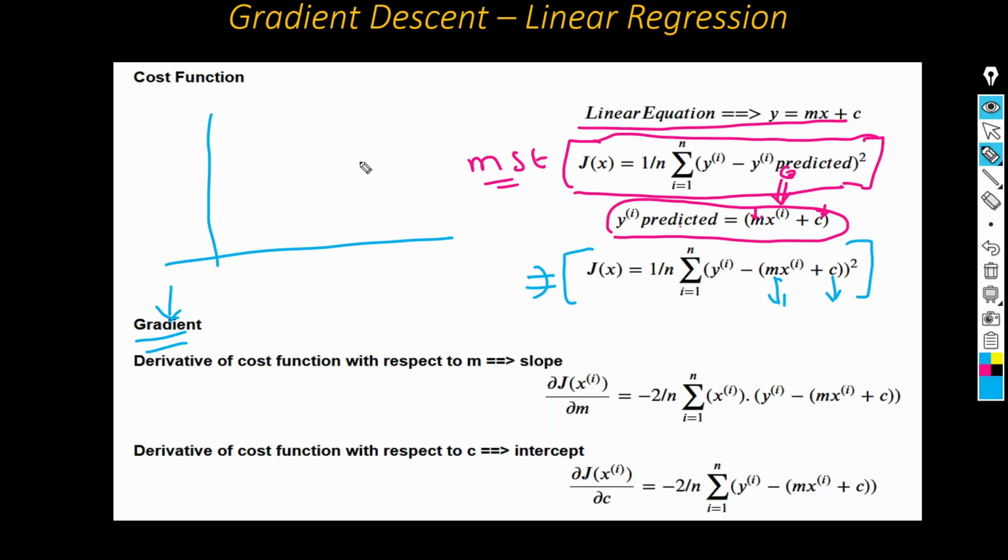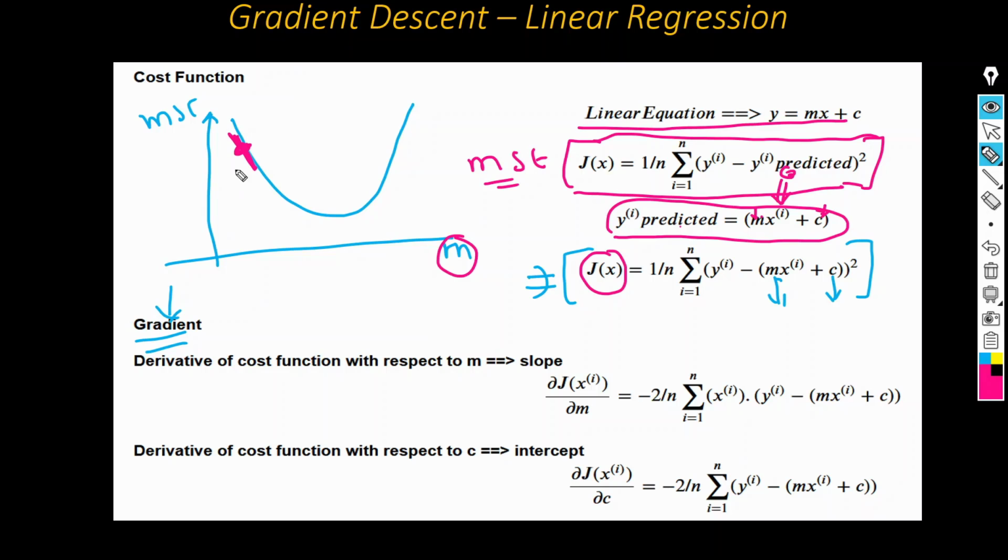If you see here, let this be your MSE and this be your m, right? So here we try to find this particular slope. This is your m, this is your MSE, meaning this particular cost function. If we take the derivative of this with respect to m, that would be equal to your slope.